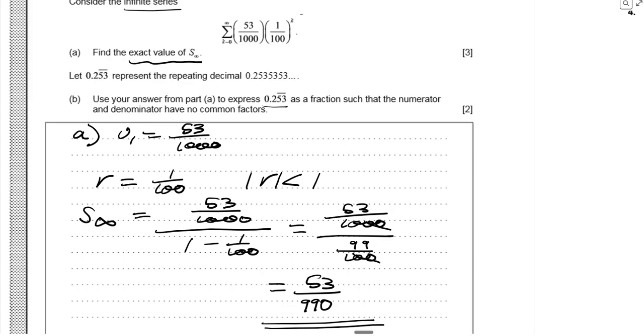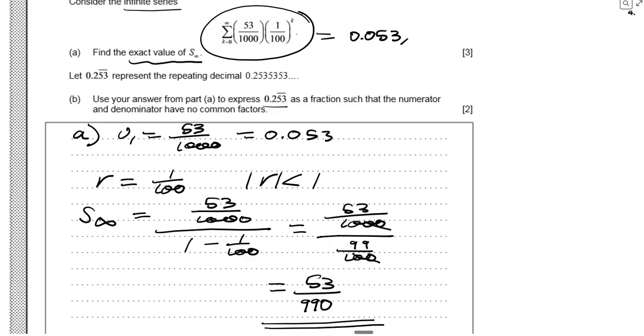So let's actually think about what our series here means, right? We have u1 is equal to 53 over 1000, which is 0.053, right? 1, 2, 3, yep, 0.053, and then we have, so let's rewrite this series, 0.053, plus 0.00053, right?